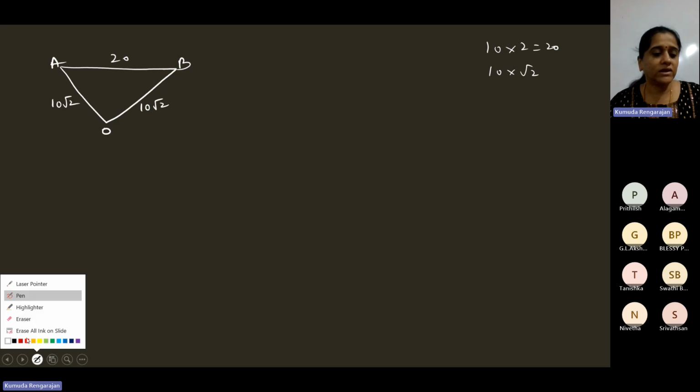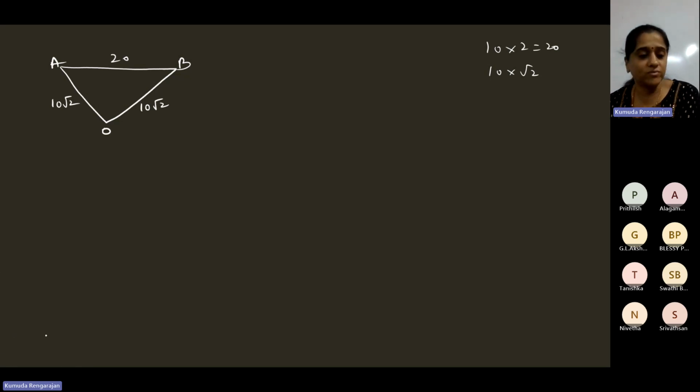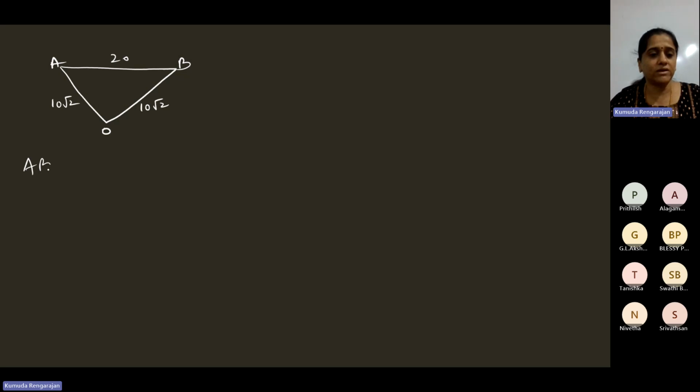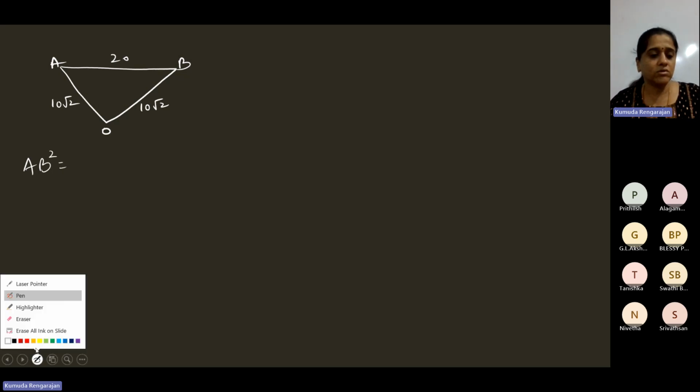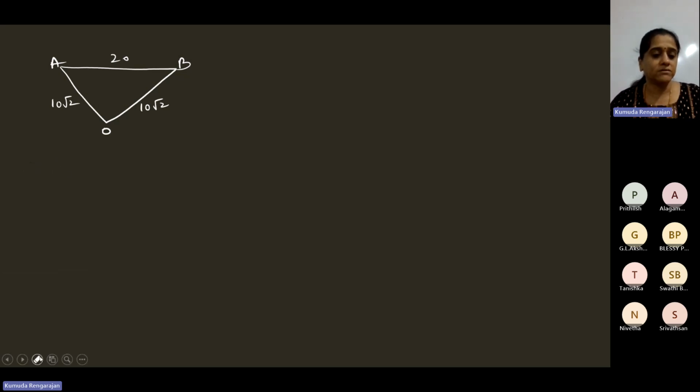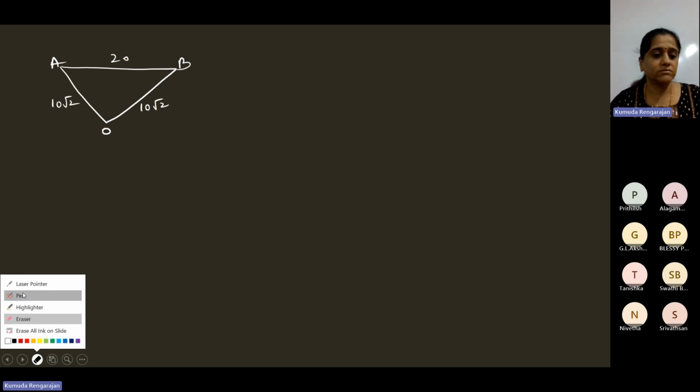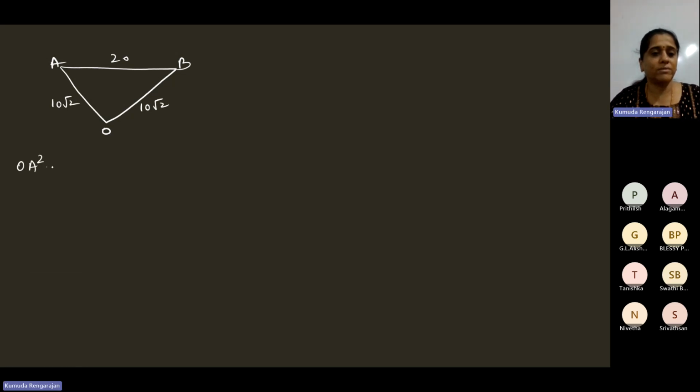Okay. Now we'll try to use the converse of Pythagoras theorem. We'll find the square of the longest side. AB square is equal to, normally we find in this order, OA square plus OB square.